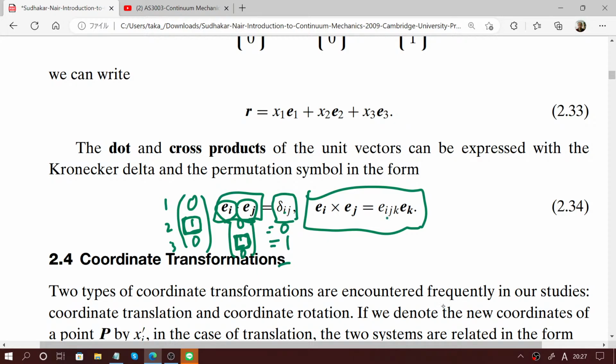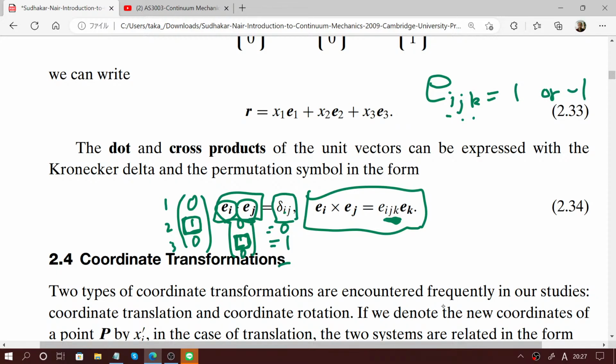So these three numbers have to be different, right? Because we learned the epsilon IJK property, this I, J, K three numbers have to be different in order for this to have 1 or minus 1.